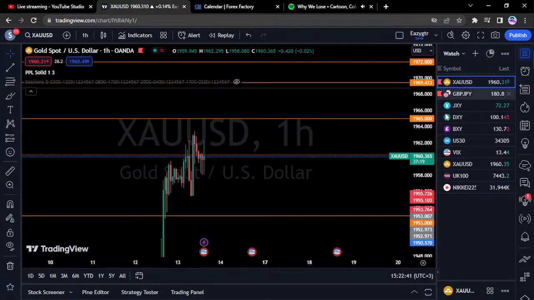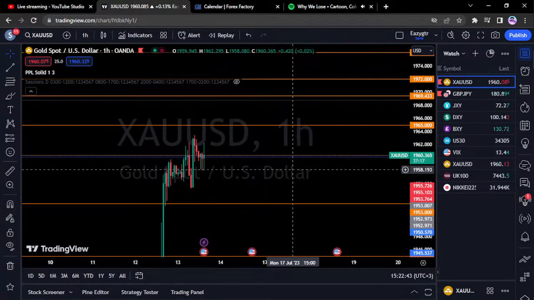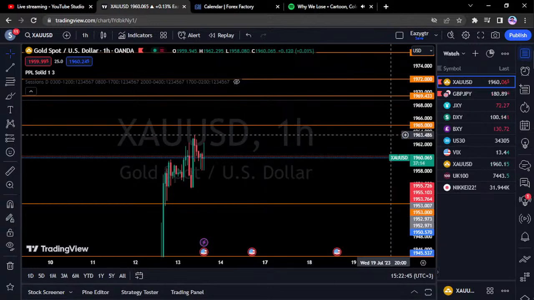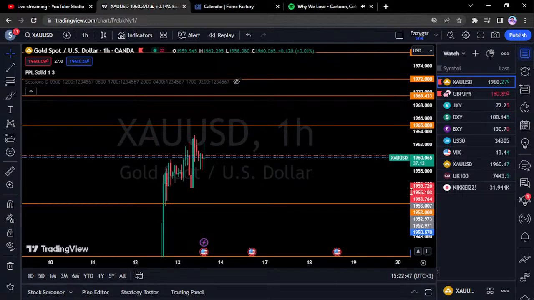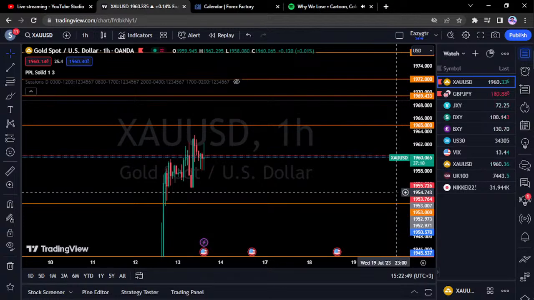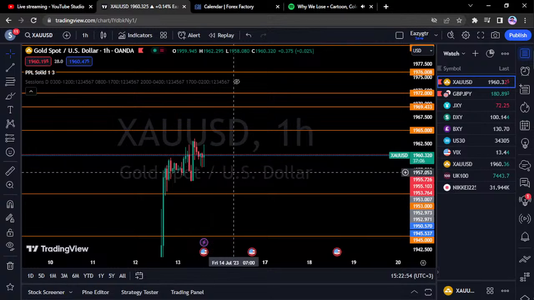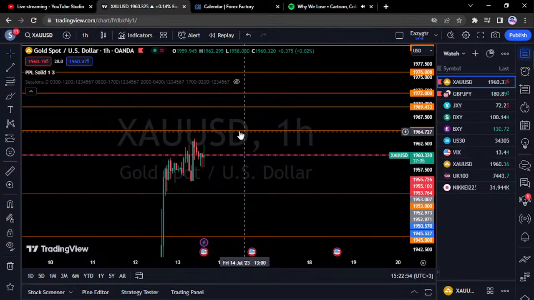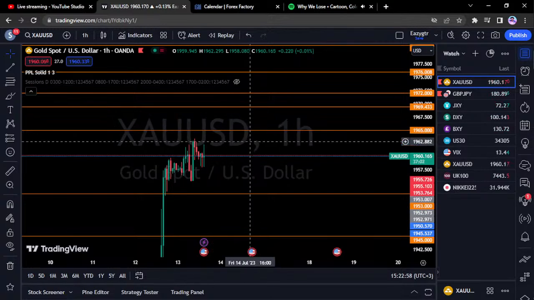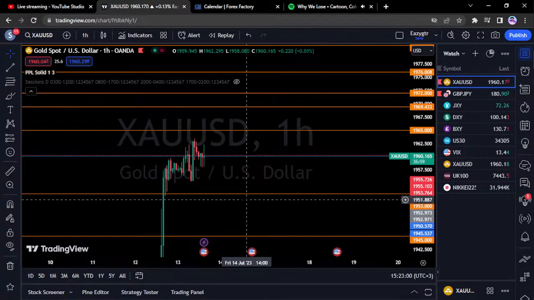So this is gold. Right now we are in the middle of the range between the 1965 key level and the 1953 key level. As you know, we don't take trades in the middle of the range, so we'd either take trades above 1965 or below 1953.